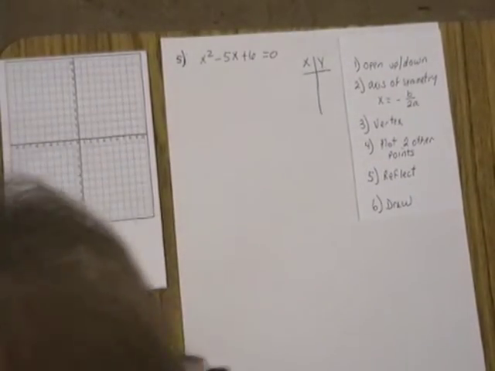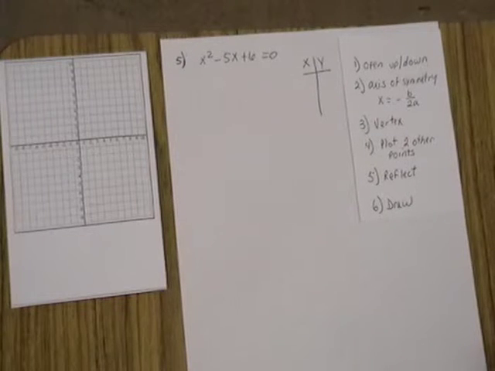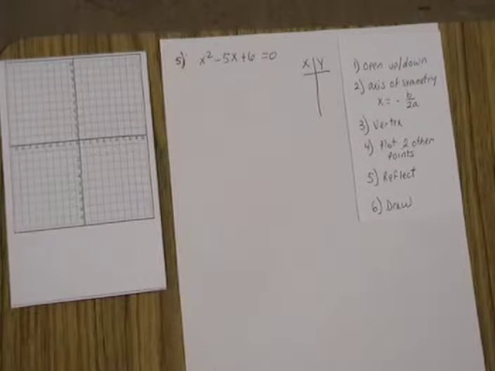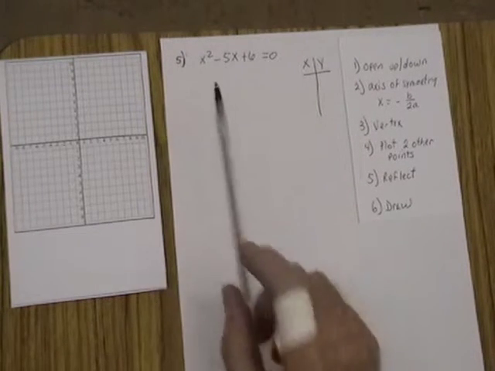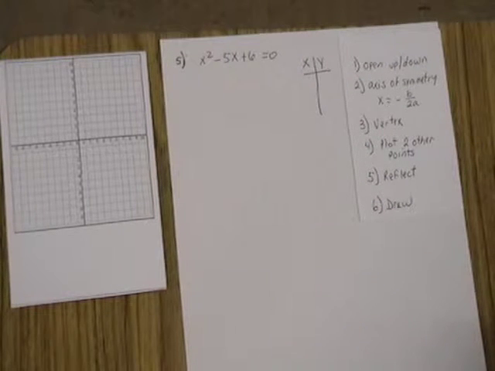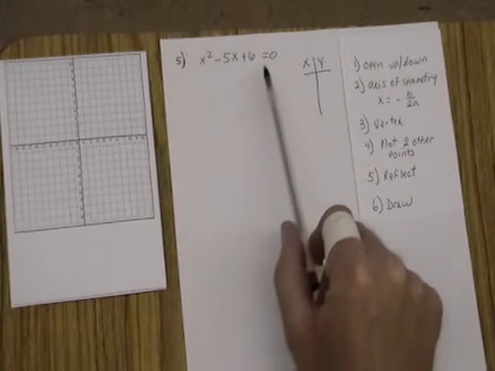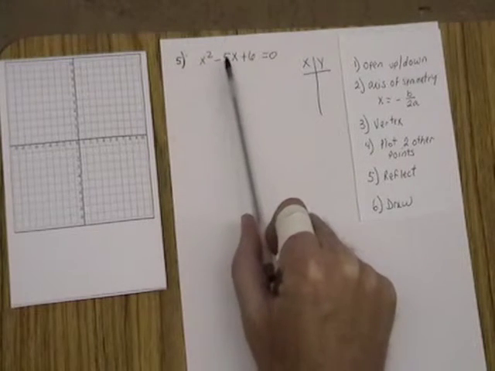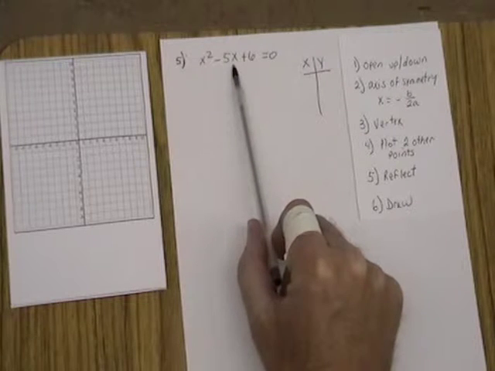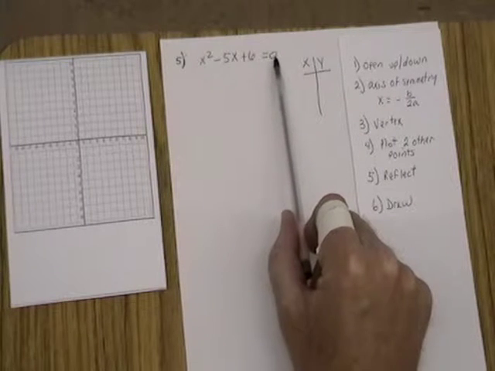Okay, we're going to do number 5 on the test. This asks us to solve x squared minus 5x plus 6 equals 0 by graphing. Basically, what this is saying is, what value or values of x are going to make y 0.